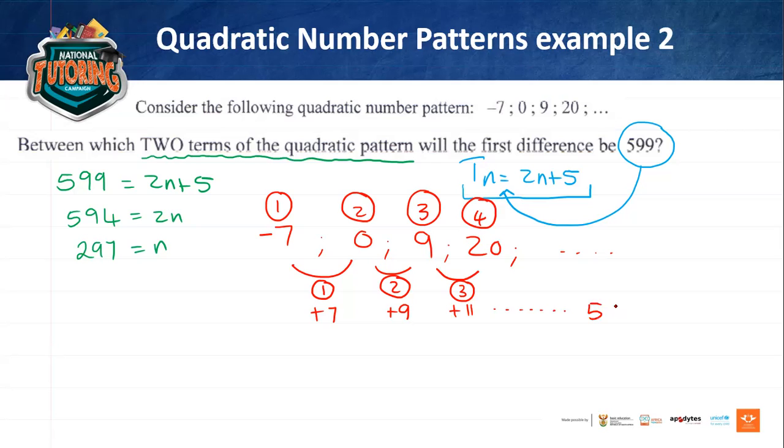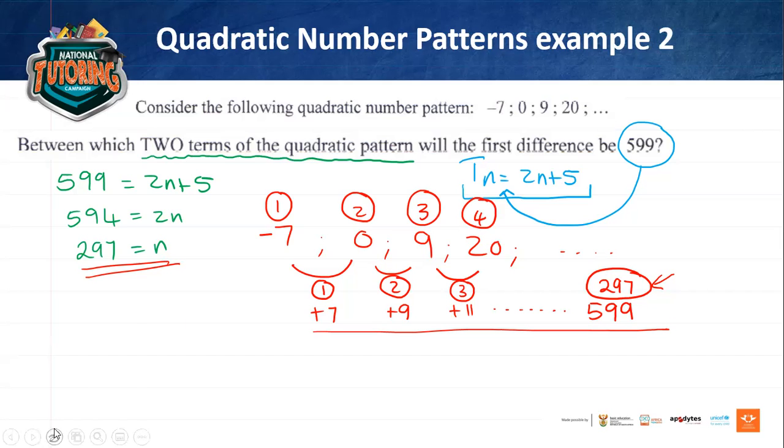I've worked out that 599 is the 297th term of the first differences. Okay, that's what this has told me. In this linear number pattern here, the n value is 297. The question is saying between which two terms of the quadratic number pattern. So it's asking me for these values.